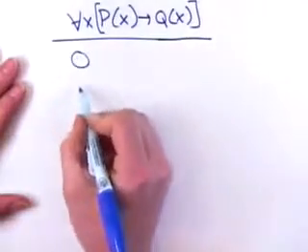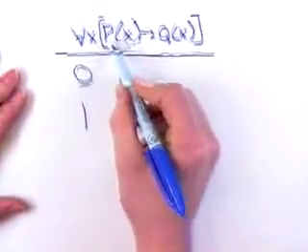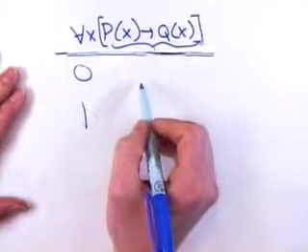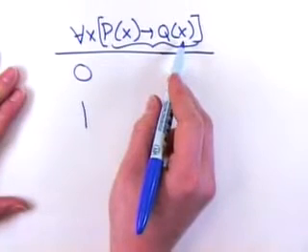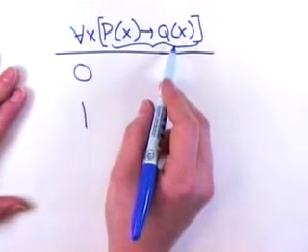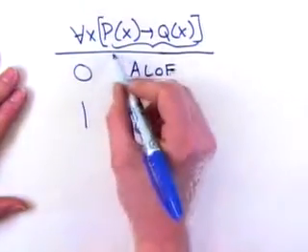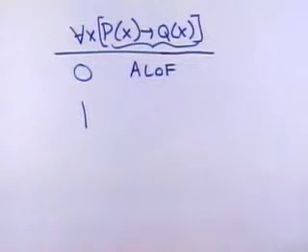If I see a 0 for a for all, no matter what the statement on the inside is, that means that there is at least one x that makes it false. So there's at least one false for this entire statement, the entire predicate that comes inside the quantifier.